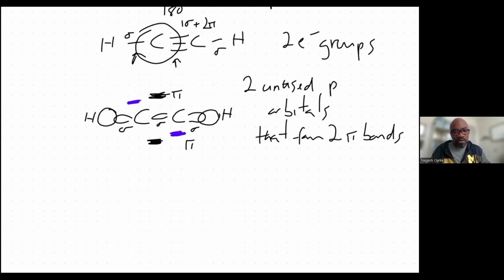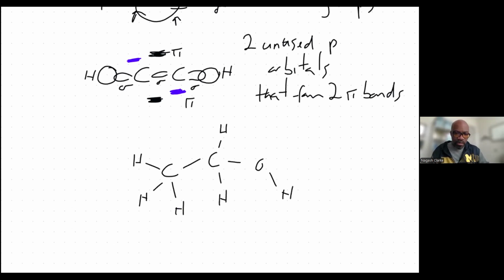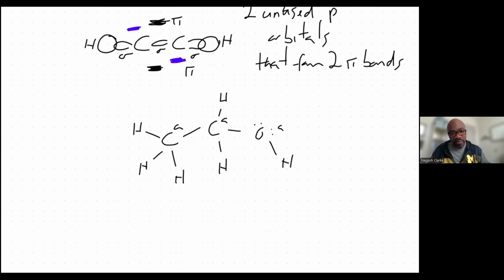So before we close, what if we have a molecule with several central atoms? Let's take something like ethanol, drinking alcohol. Let's label these so we can look at a lot of details. So we can look at the shape.